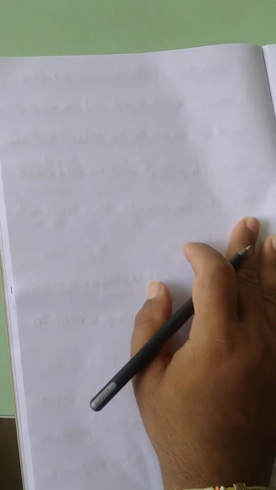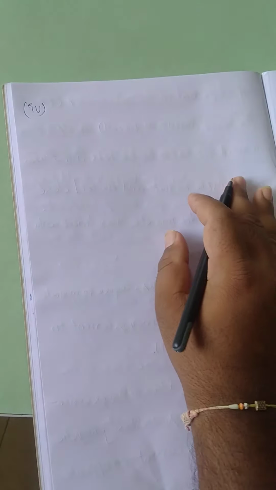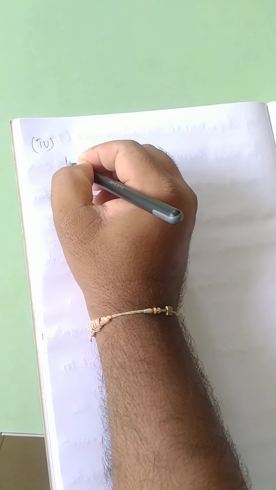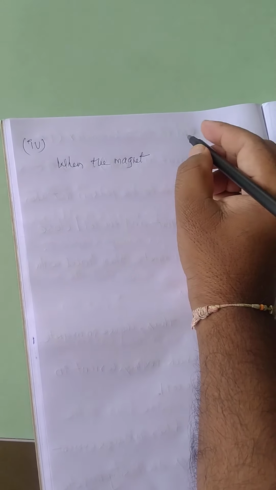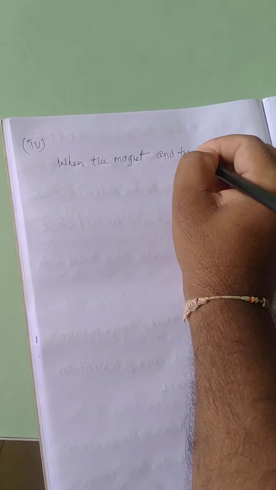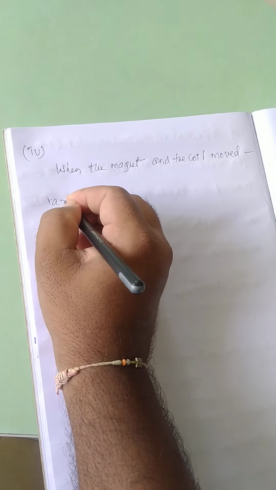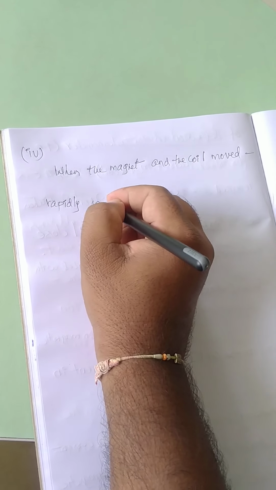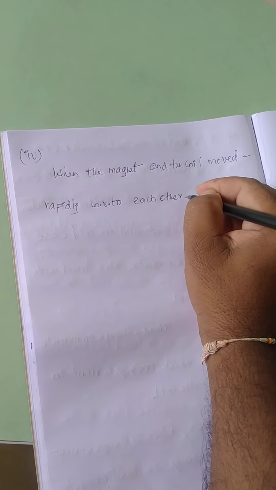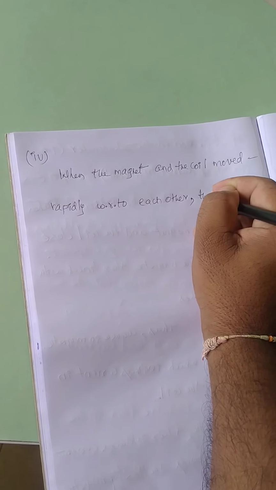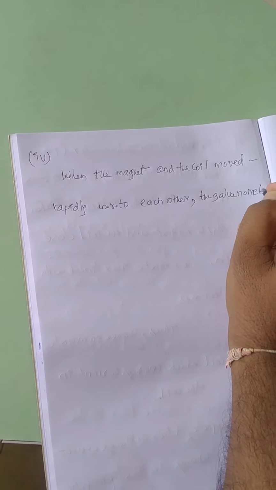Listen carefully. It is all theory only, an explanation, but the concept is behind that theory also. The fourth point is when the magnet and the coil are moved rapidly with respect to each other, then the galvanometer shows deflection.